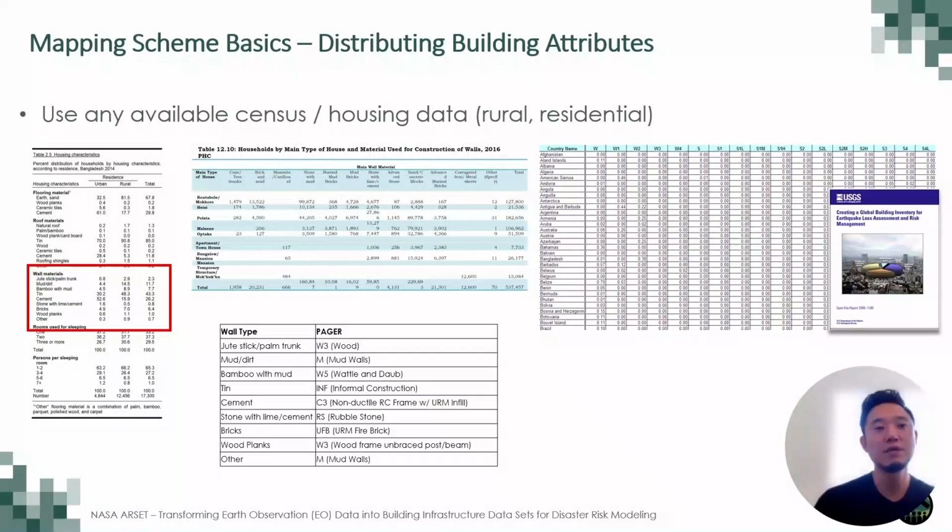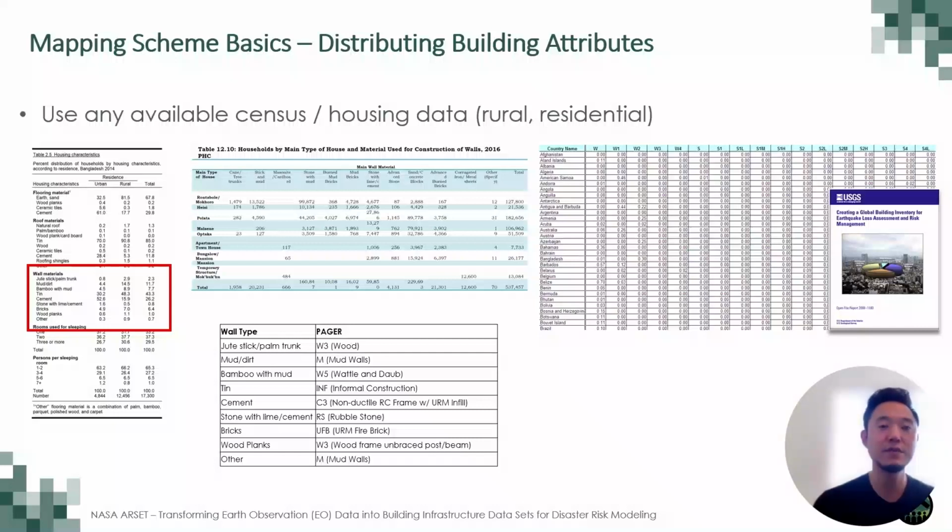For rural residential, we typically rely heavily on any type of census or local data, depending on the resolution. These are good because Street View often is pretty limited out there, and they will provide percent breakouts by the wall material. We can't use that wall material for any vulnerability modeling.